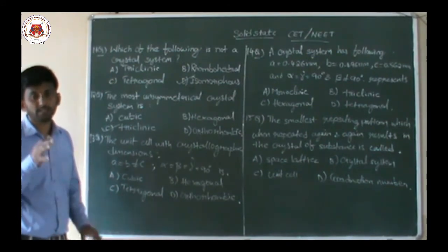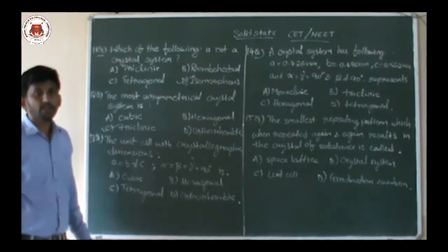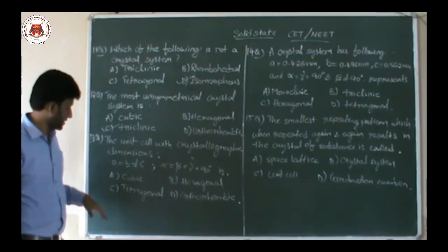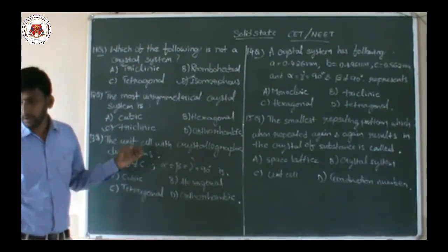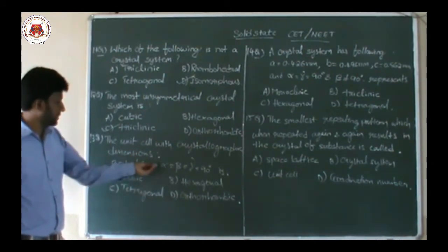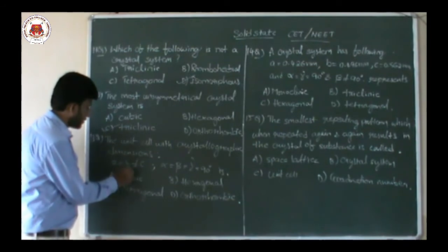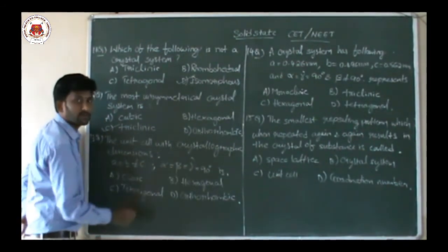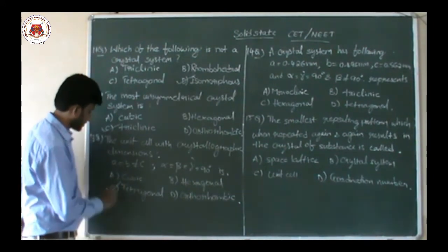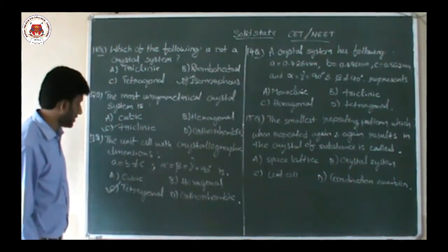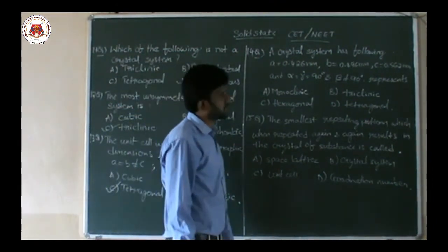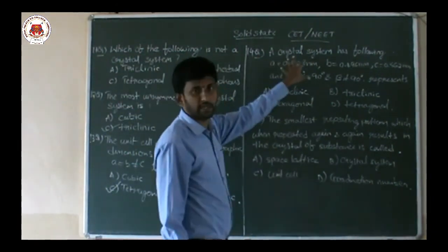So all the 7 crystal systems, all the ABC and alpha, beta, gamma values, we need to memorize. Out of all this, the one that belongs to A equal to B not equal to C, with all angles equal to 90 degrees, is the tetragonal system. It is the tetragonal system.